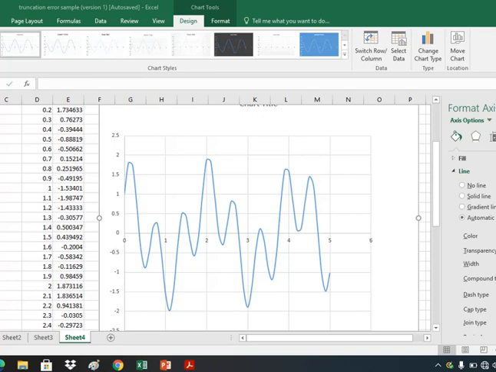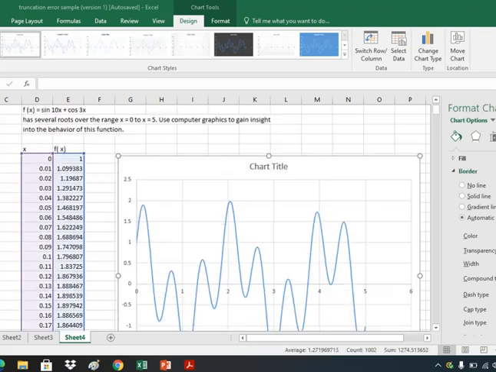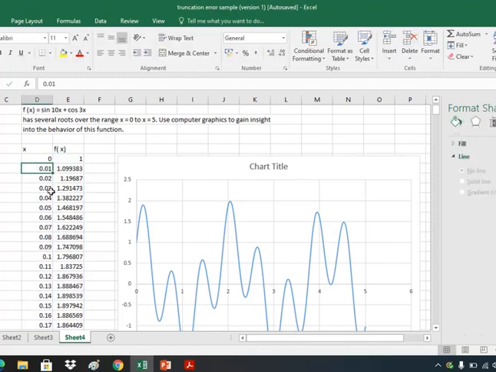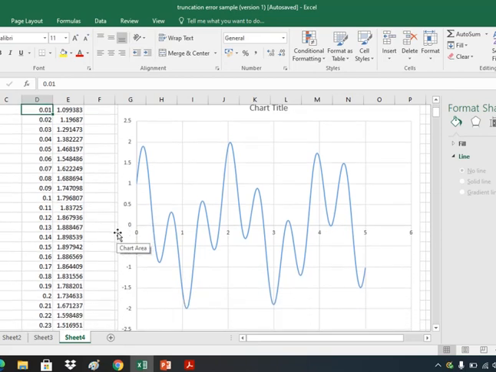Okay? So let's try again to decrease it more. So dinicrease ko yung interval to 0.01, 0.02. So ito na ngayon yung graph. So mas dumami ngayon yung mga possible roots niya, no? 1, 2, 3, 4, 5, 6, 7, 8, 9, 10.